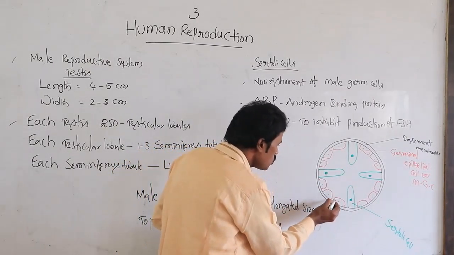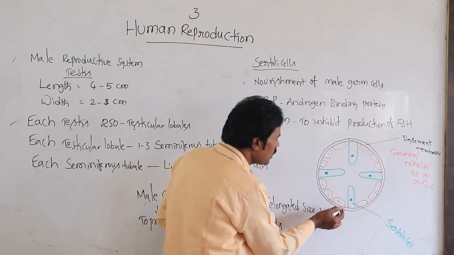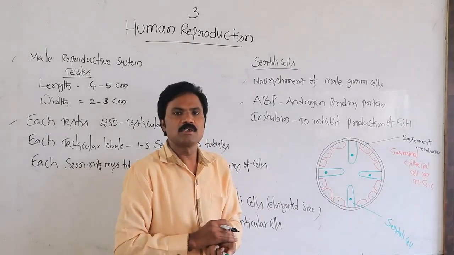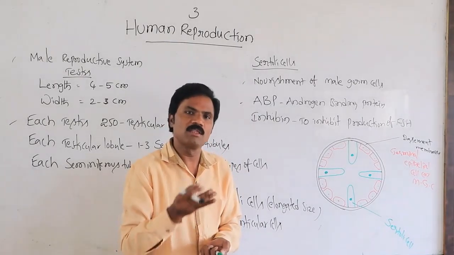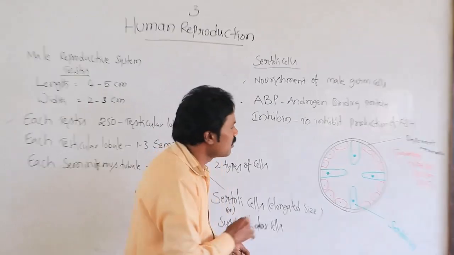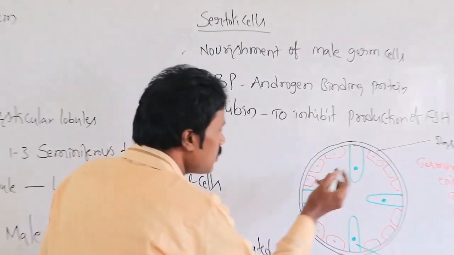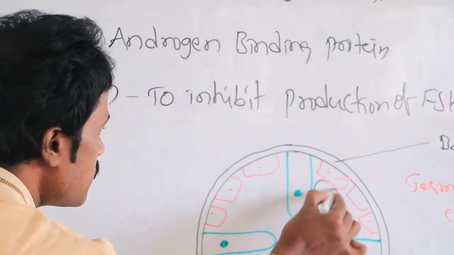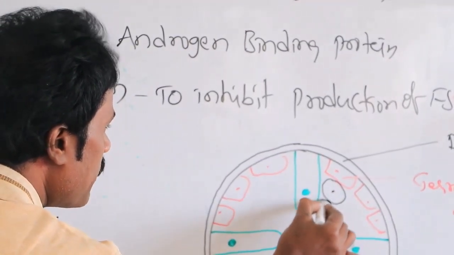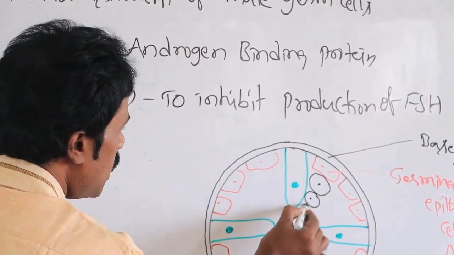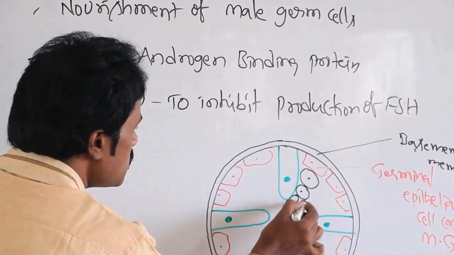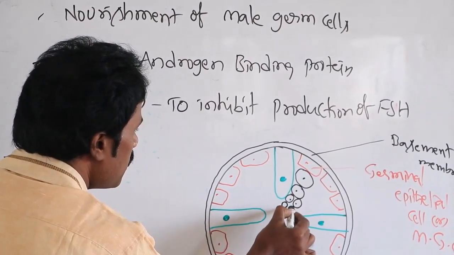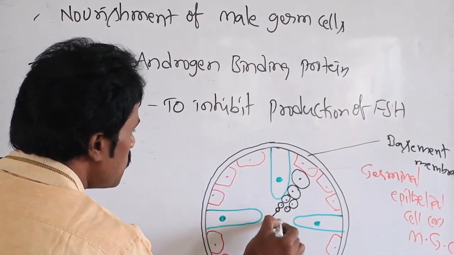Then each and every male germ cell undergoes mitotic division first, later meiotic division, then formation of male gametes. With the first mitotic division it forms the spermatogonia, then the primary spermatocyte, then by meiosis the secondary spermatocyte, then the spermatid, and then the sperms.